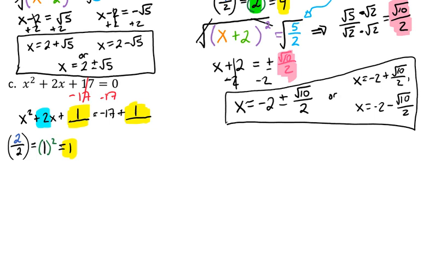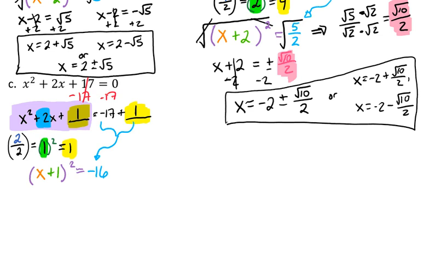Then we want to rewrite this portion as something squared equals, and our something squared is going to be the x, and then our plus 1, because it was a positive 1 this time. Positive 1. Then we're going to take negative 17 and add 1 to it. That's going to give us a negative 16. And now we're ready to solve.